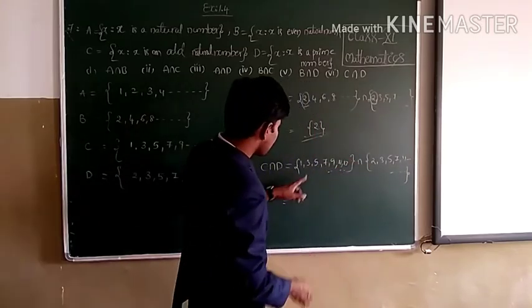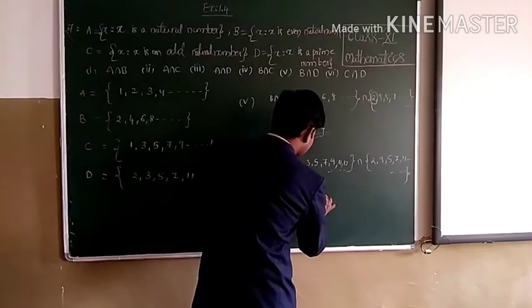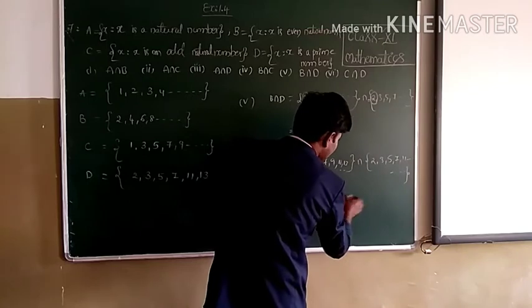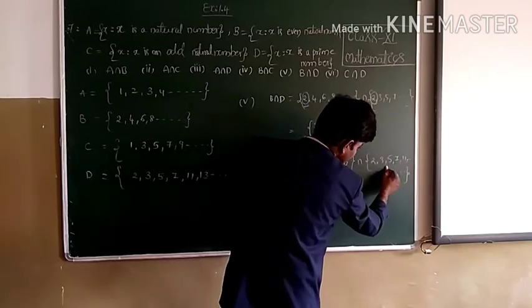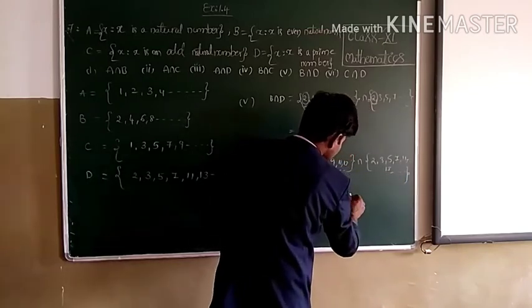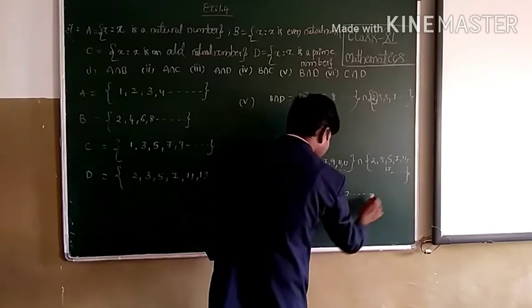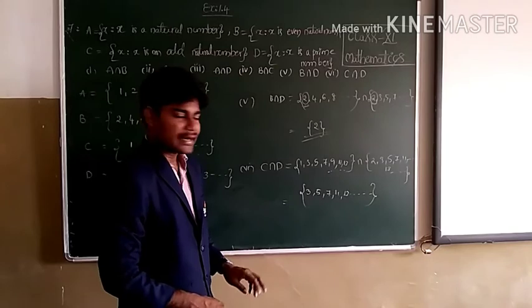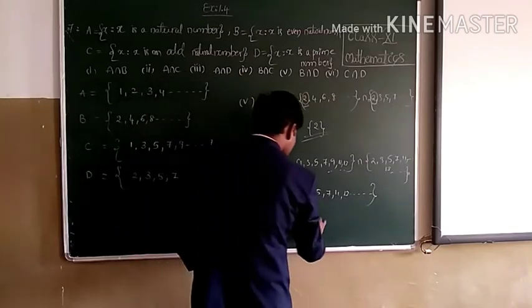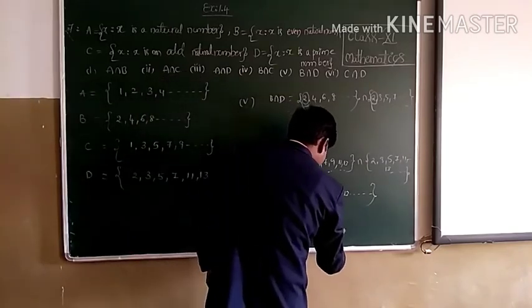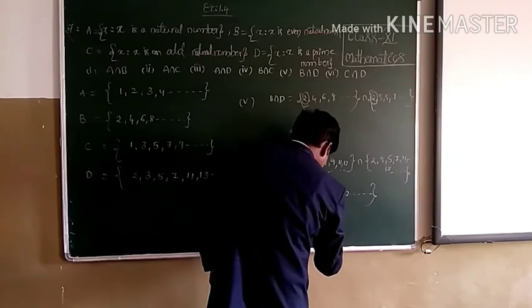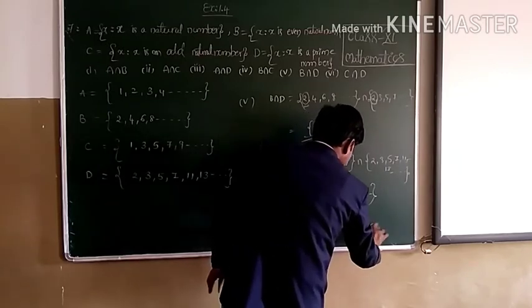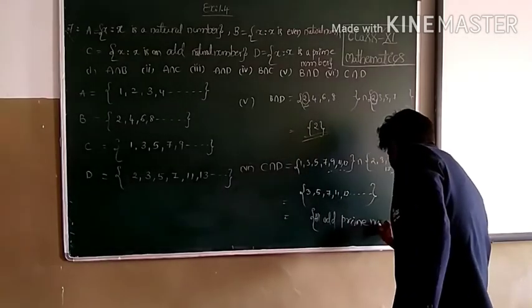So the numbers are 3, 5, 7, and 11 is also available, and the next prime number is 13, and so on. What we get as the result is that all these are odd prime numbers, right? We can conclude that C intersection D is the set of odd prime numbers.